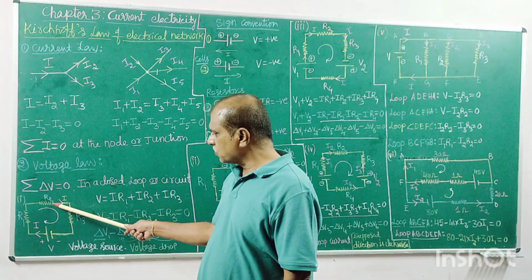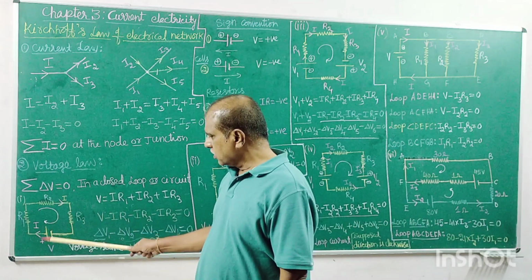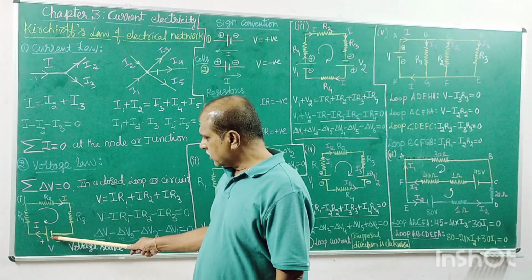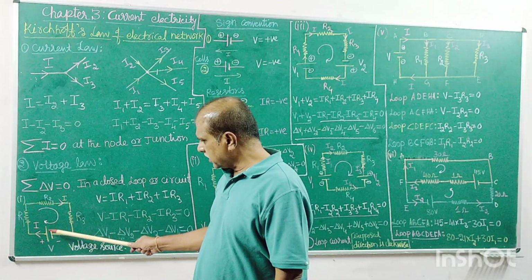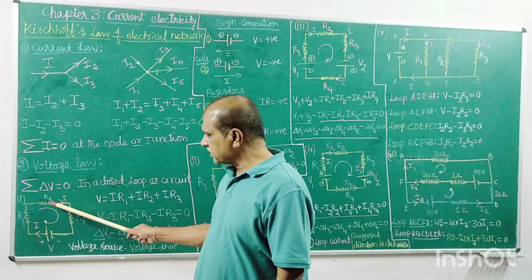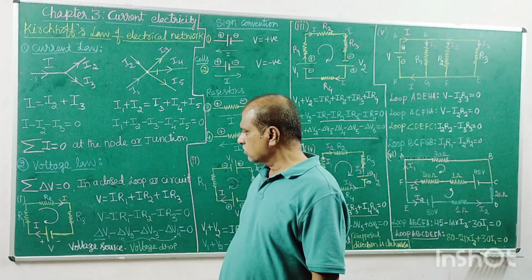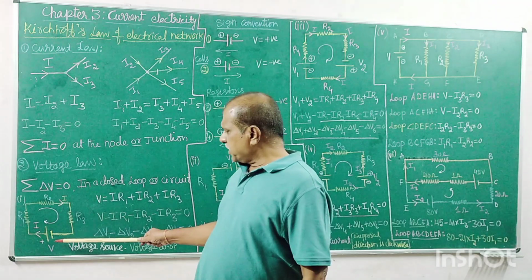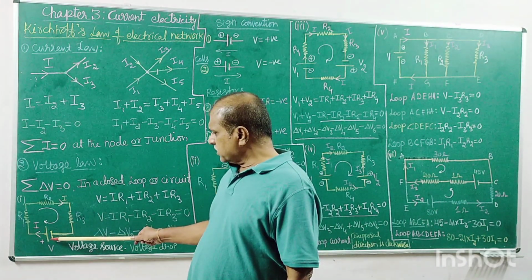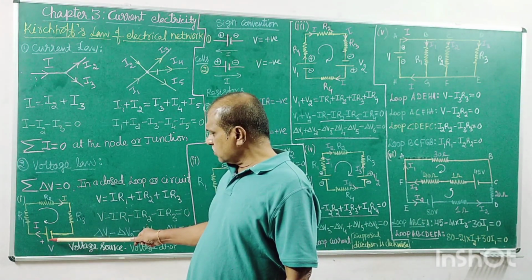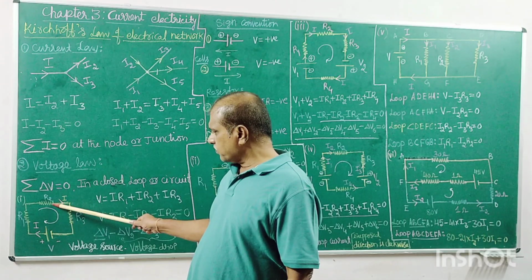Voltage drop means consumption. Here the potential energy rises, and there the potential energy decreases, a loss. In terms of potential, we say voltage rise and voltage drop.